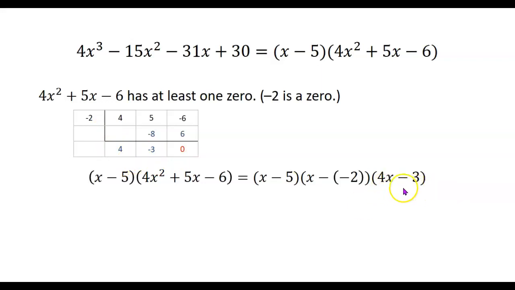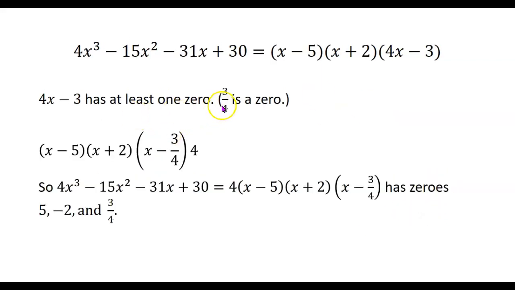Now 4x minus 3, that's a degree 1 polynomial, and the fundamental theorem of algebra applies to that and says that it has at least one zero. In fact, 3/4 is a zero for that. So we can take that, pull out a factor of x minus 3/4, and what's left is just the number 4. If you multiplied that back through, you would get 4x minus 3.